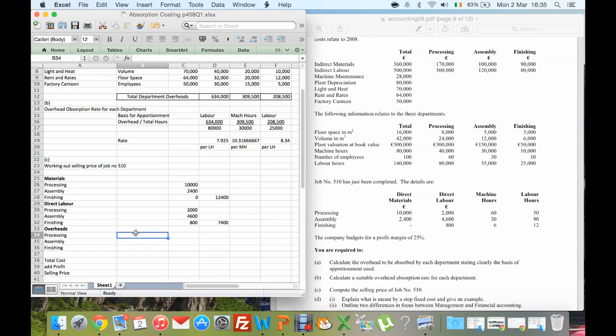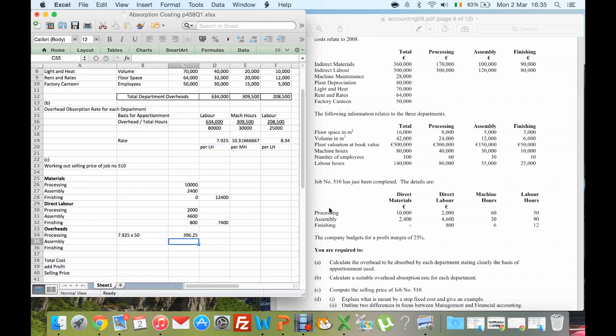So here I know that 7.925 has to be multiplied by the number of labour hours involved in this job. So I go over and I see, well, this job in the processing department is 50 hours times 50, so I'll multiply it out. So it's the absorption rate, multiplied by the number of labour hours in this job, which is 50.